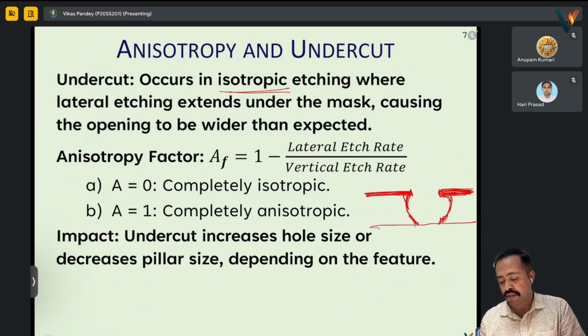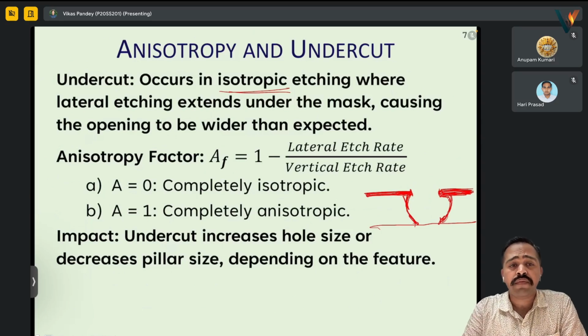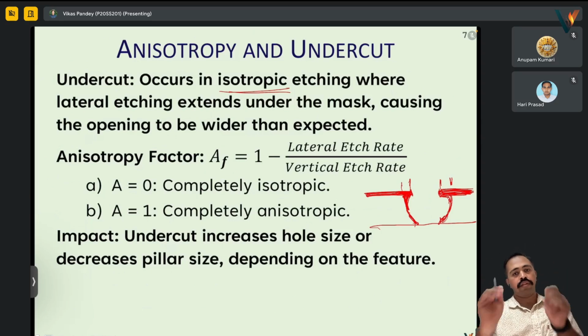So at the top we will get a wider opening compared to the actual mask size, and this area will be called the undercut.